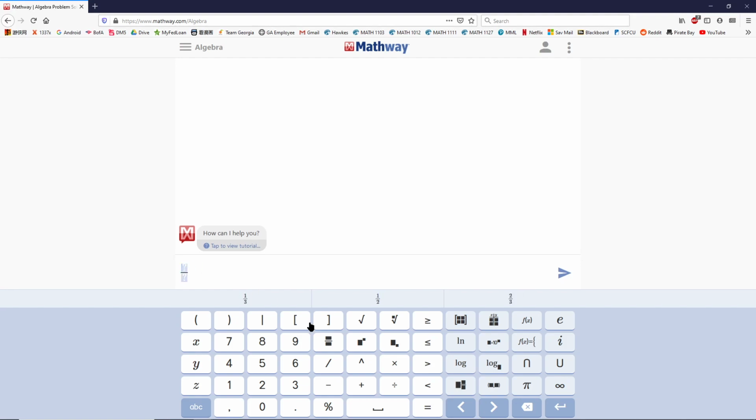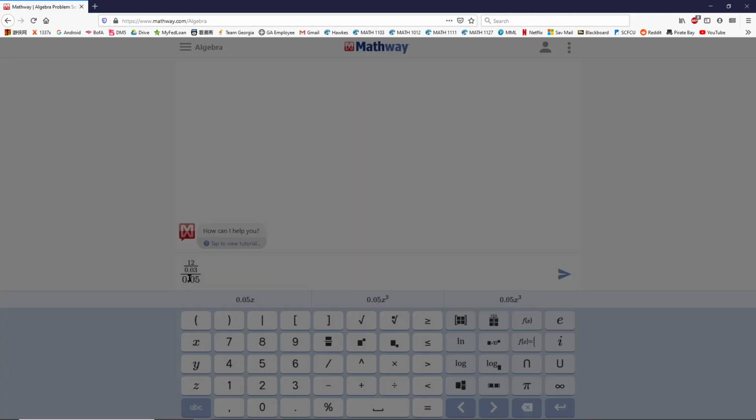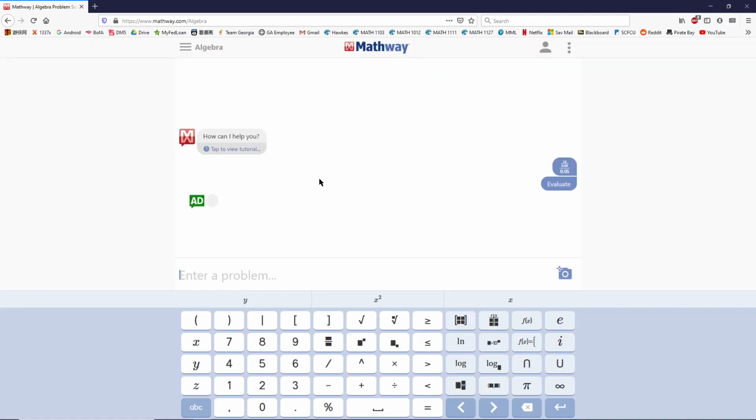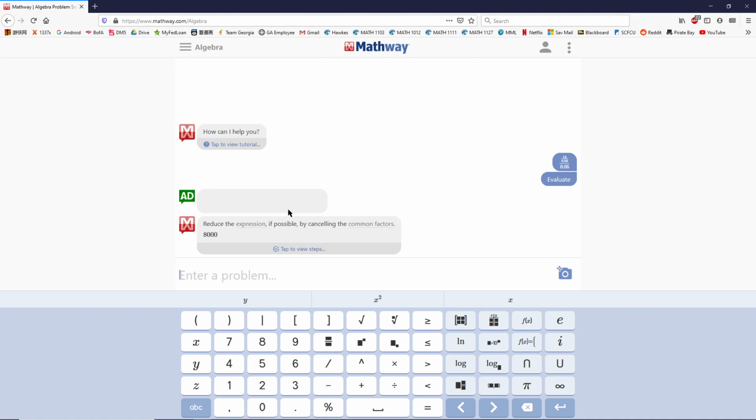You can do another fraction in there, like 12 over 0.03, and then put another one here, 0.05. So they actually give you the answer here. So that's 8,000 for this one.